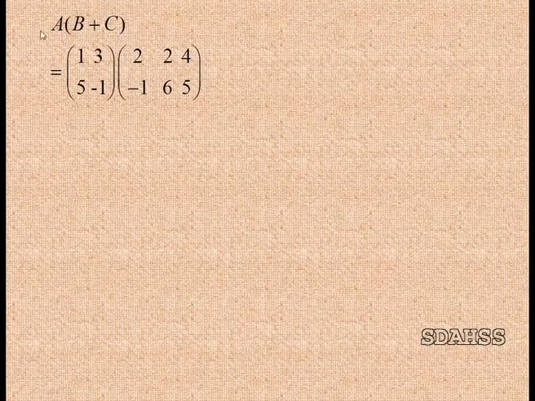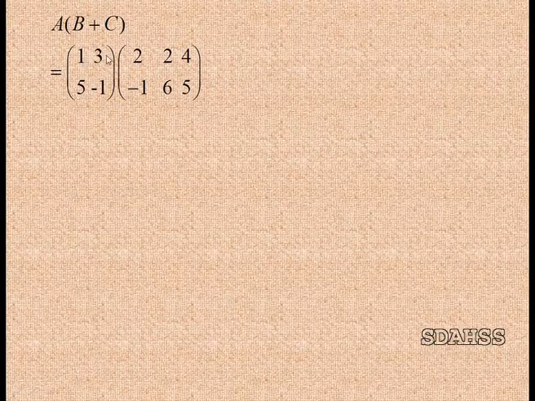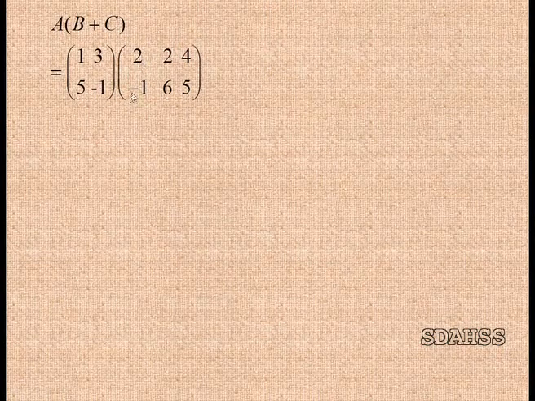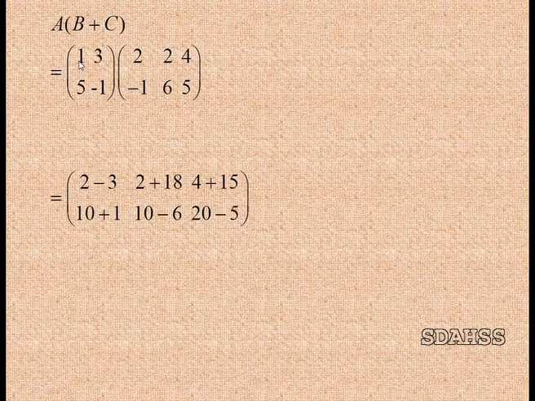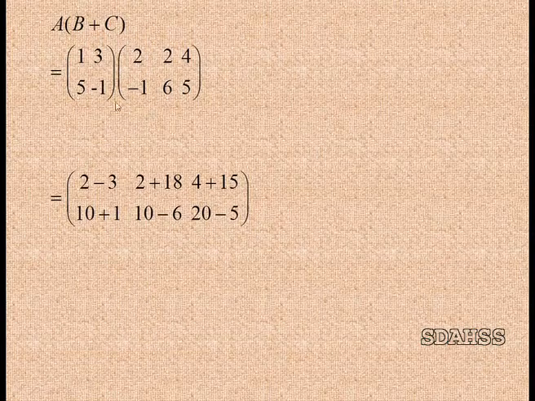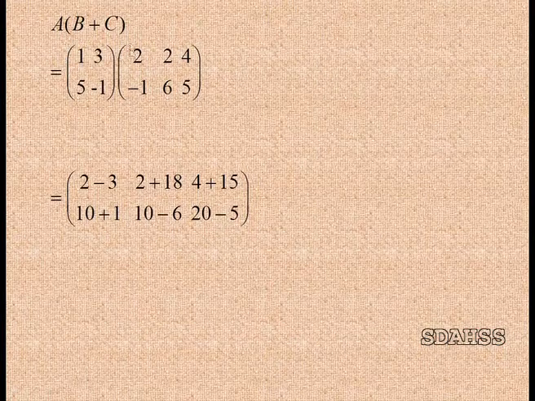Then find A into B plus C. Here A matrix is 1 3 5 minus 1, B matrix is 2 2 4 minus 1 6 5. Now you multiply first row into first column.